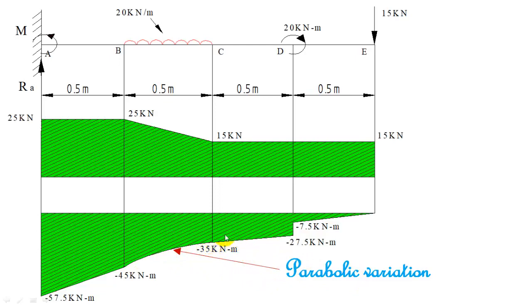And then the next part, left of D and right of D. In left of D, the bending moment is minus 27.5. So from minus 35 to minus 27.5. So you have to join from C to left of D, minus 35 to minus 27.5.